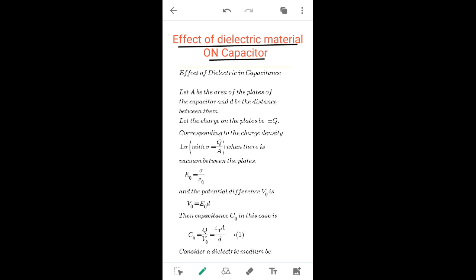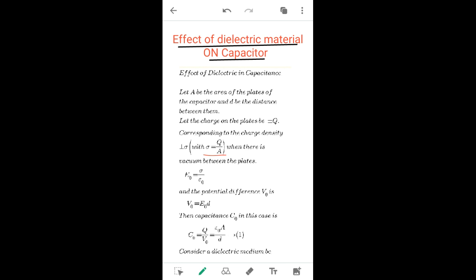So now let us take the example of the parallel plate capacitor only, and let Q be the charge on the capacitor, and the charge density is taken as sigma equal to Q by A. Then if we take vacuum between the two plates, first for our general purpose we will take the vacuum.